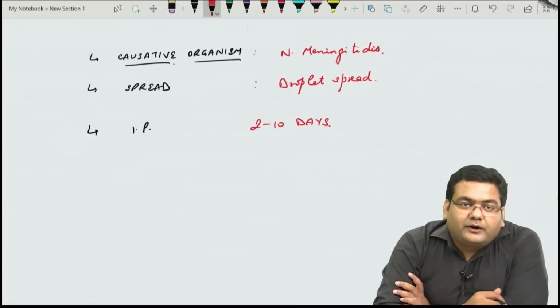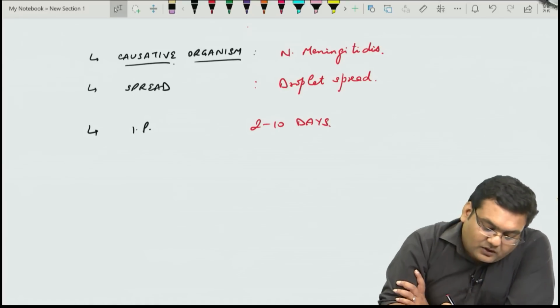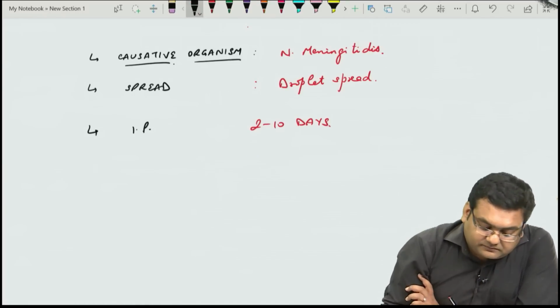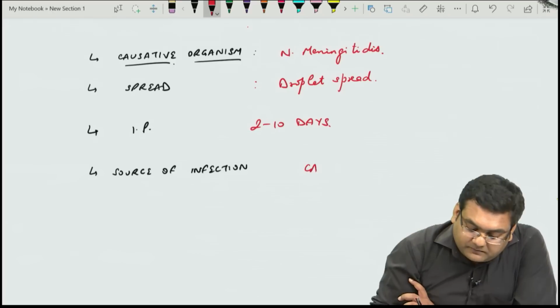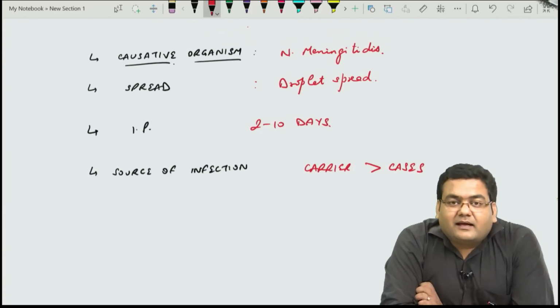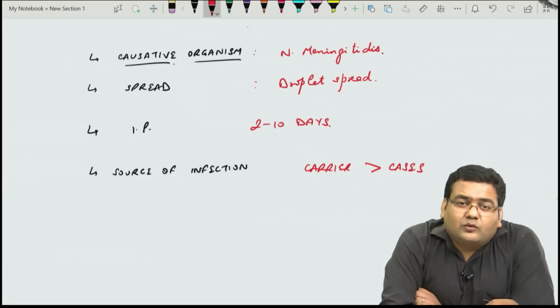Now the important point which we need to remember here is the source of infection. Carriers of meningococcal meningitis are a more important source of infection than cases.